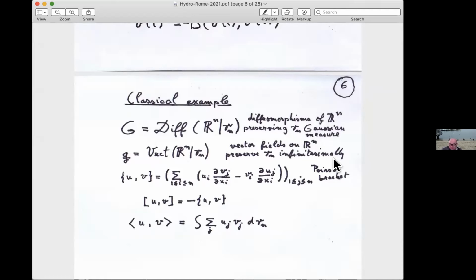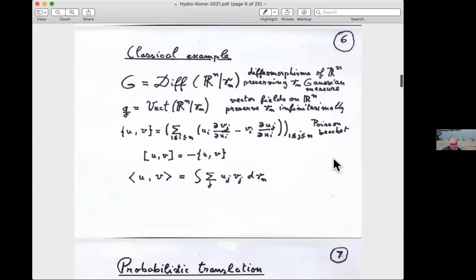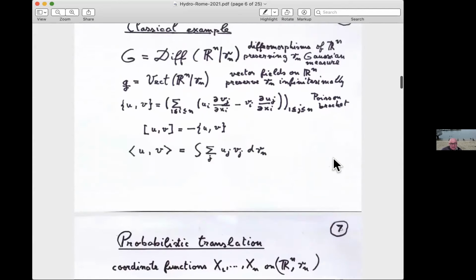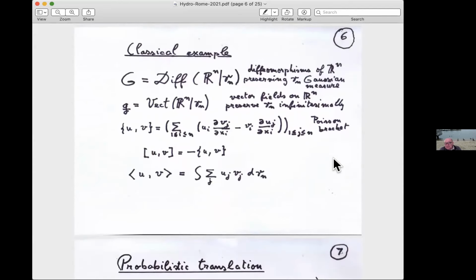We take the components of the vector field U and the vector field V, and it's the scalar product with respect to this Gaussian measure. And if one does this, one easily looks at the Euler equations in this setting.